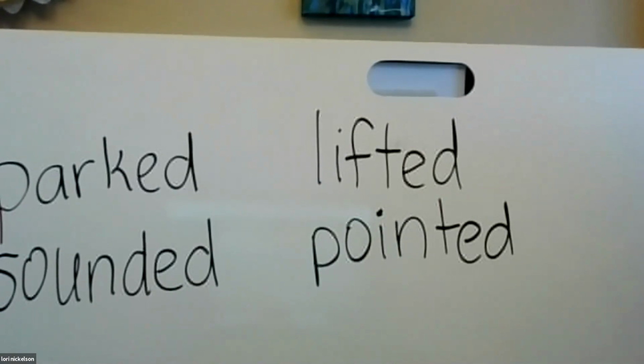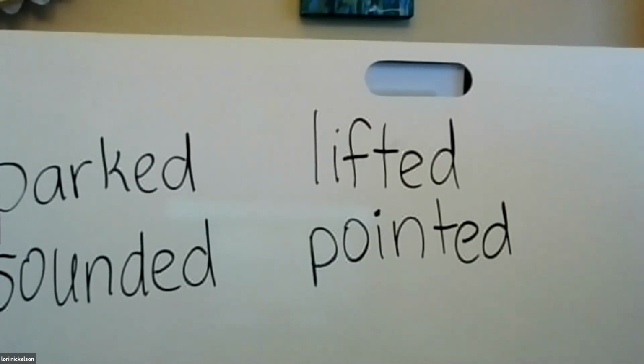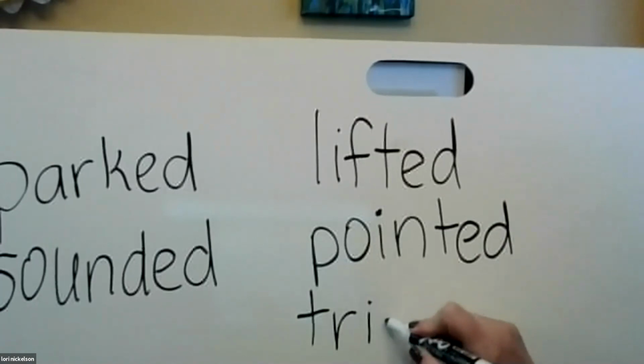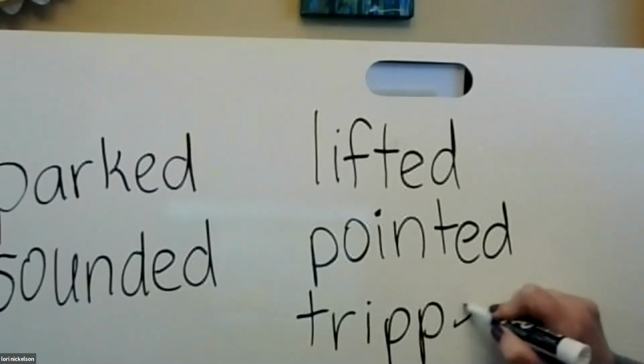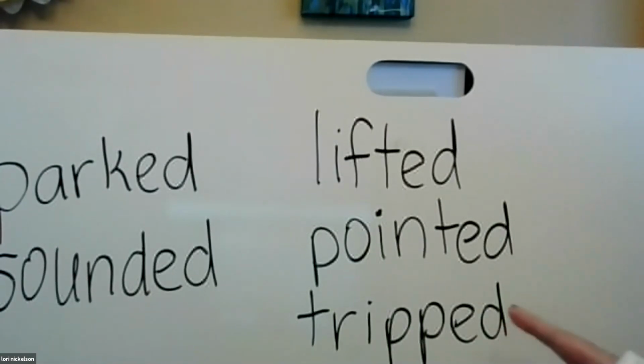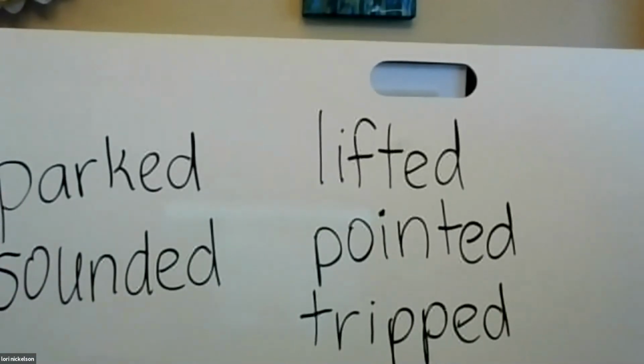She pointed to the chocolate bar. Pointed. Here's this word. That word is tripped. He tripped going up the steps. Tripped. Okay, so I'm going to erase those because I've got to make room for my others.